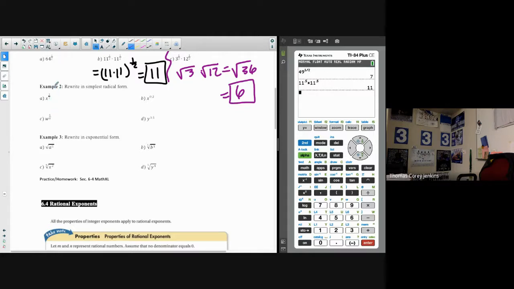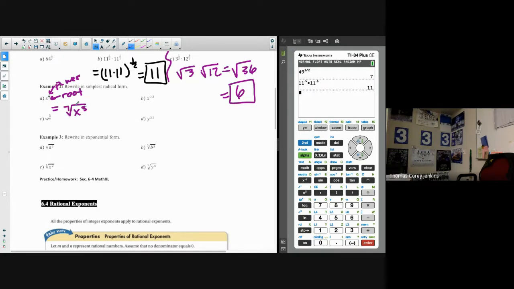So what we need to know here is that the top one is your power, or your exponent, and the denominator is the root. Okay, so this is equal to the 7th root of x cubed.